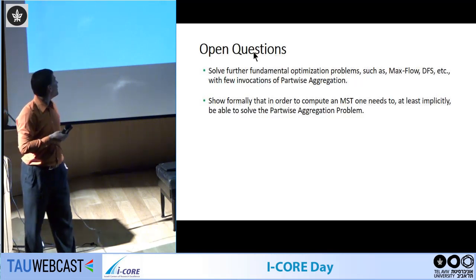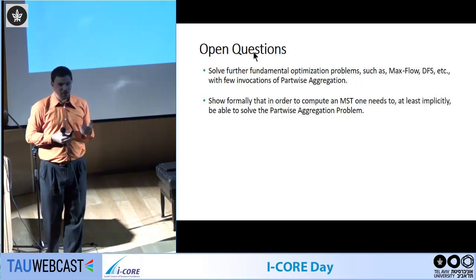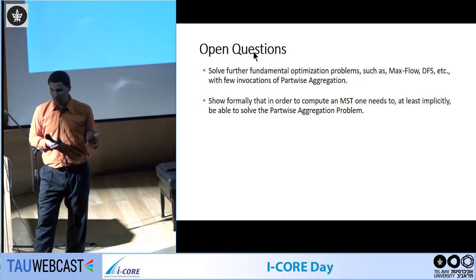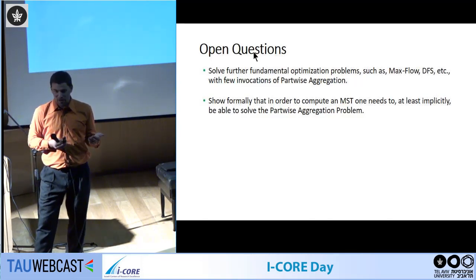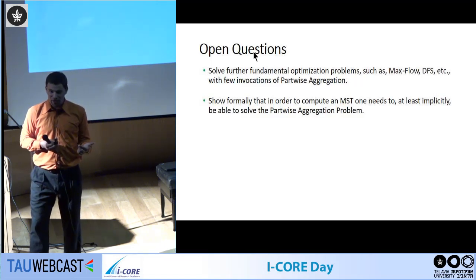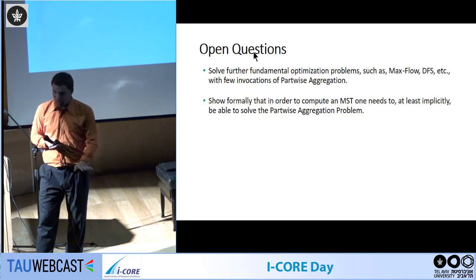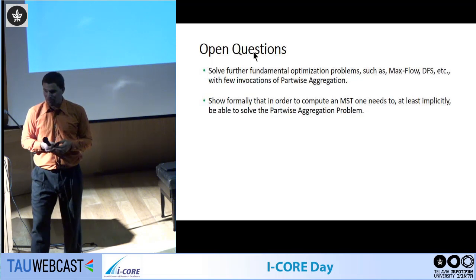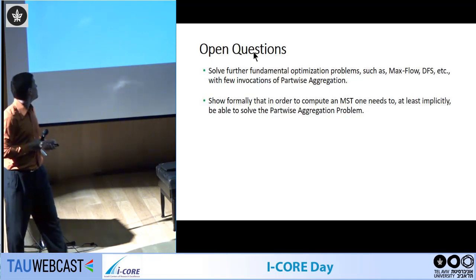But at least intuitively, pairwise aggregation should be the easier problem. So if you could prove that MST is at least as hard as pairwise aggregation, then this would basically mean that on any graph, up to logarithmic factors, you get the best algorithm for this given graph, right? So that would be cool.